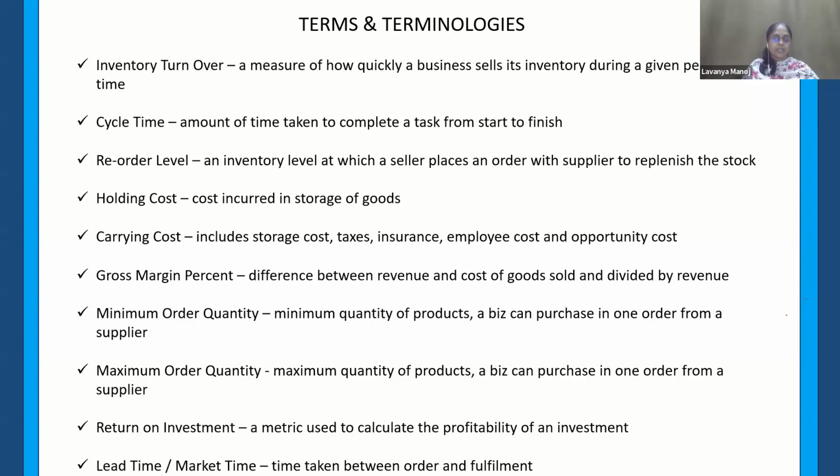Whereas the lead time or market time is where a demand has been placed and then the order has been supplied. That is the time taken between order and fulfillment. So this is a supply chain concept. Lead time, market time is a supply chain concept, whereas cycle time mostly refers to the production concept. So these are a few differences.